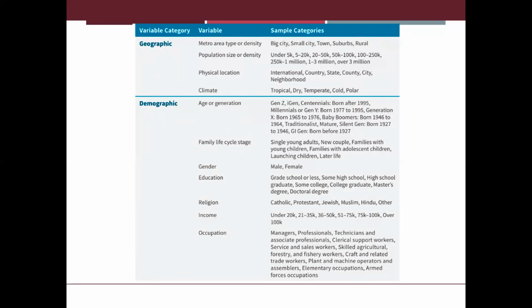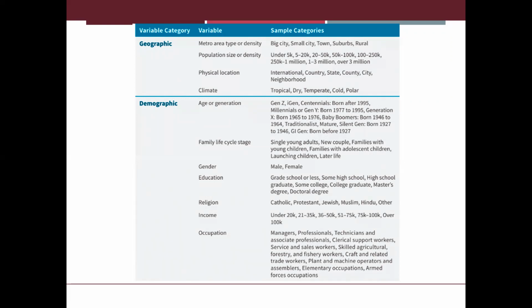The population size: is it a massive city like Chicago or LA, a mid-sized city like St. Louis or Indianapolis, or a little bit bigger, something like Effingham? How many people, or the density of the population? Physical location: do we want to market internationally, or just one country, specific states, or a region of the US?